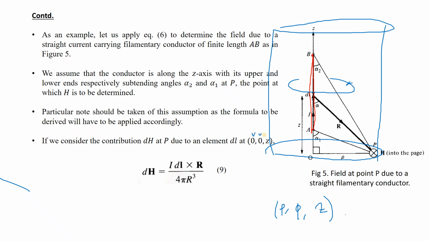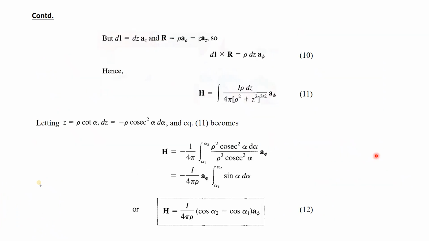This is known to us. So this is actually rho, this is phi, this is z. So now the distance between the midpoint and this particular point P is r. The length is r. So we will take the length, not in the Cartesian, but in the cylindrical coordinate system, to be rho unit vector rho minus z unit vector z, because r is the length and it is a vector.